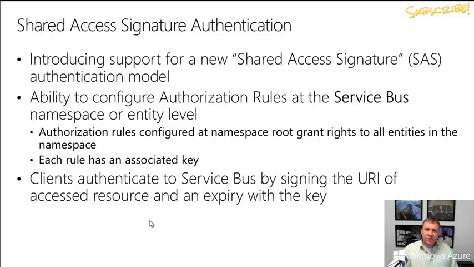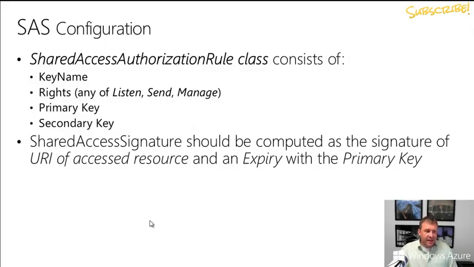The advantage is if you don't need the complexity of the access control service, you no longer have a dependency on that. Also, if there were availability issues with the access control service and or Service Bus, now you only have to deal with Service Bus per se.